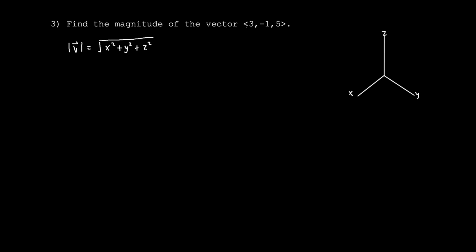And we can estimate where this vector is pointing out of the origin because it does not have a position because no points are specified. So we have 3, -1, which is approximately right here, and 5. So our vector is pointing out of the origin like that.